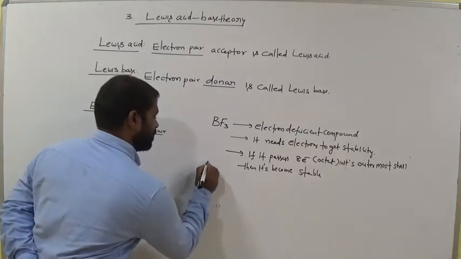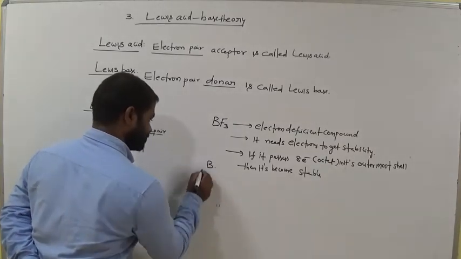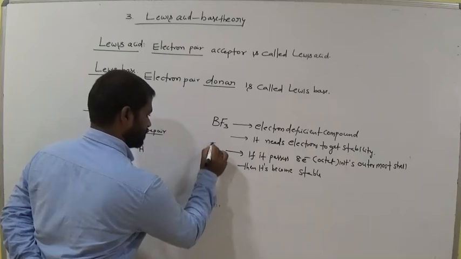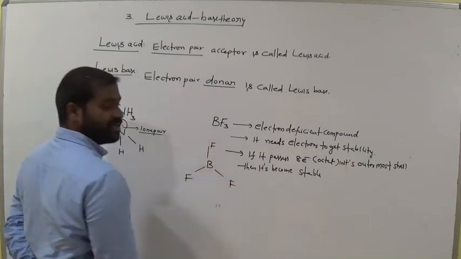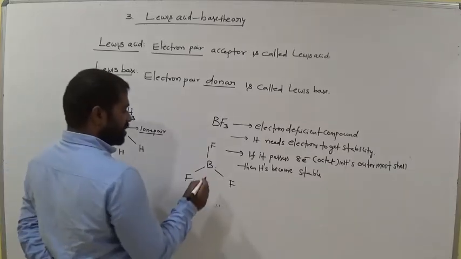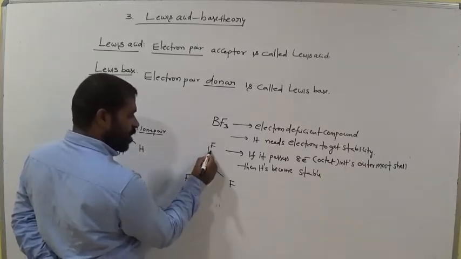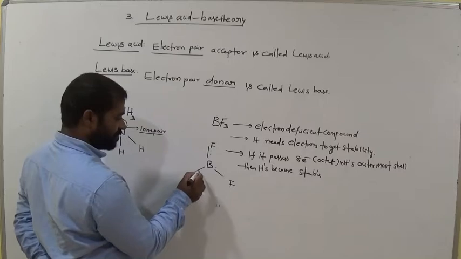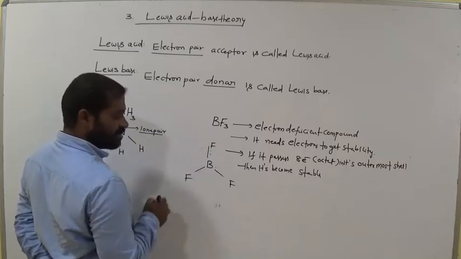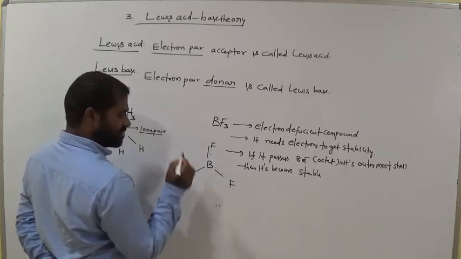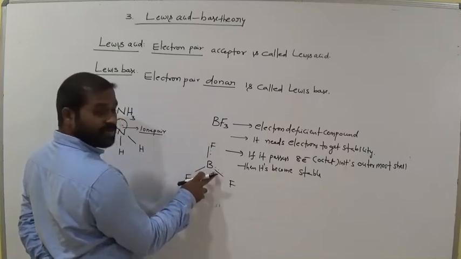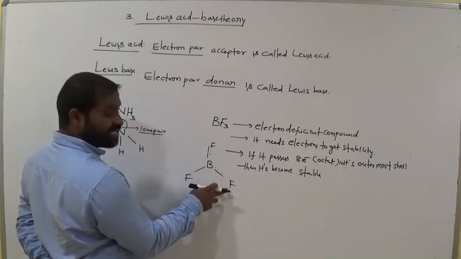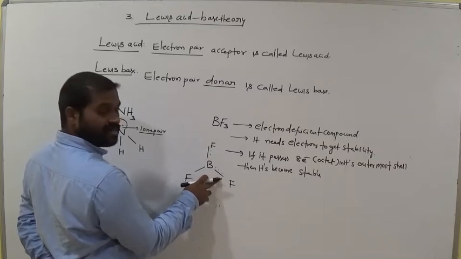This is the structure of boron trifluoride. Now how many electrons? A bond means 2 electrons, you know. In those 2 electrons, 1 electron is contributed from boron, another electron from fluorine.